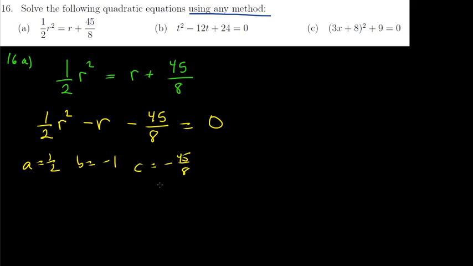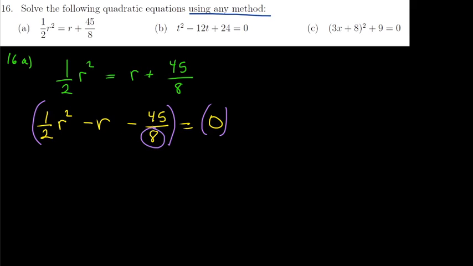So you can plug those into the quadratic formula, but it's a mess. You have fractions here. And I think in number 15, I don't think we saw any fractions. So here's what I would do. Before you plug them into the formula, we can just multiply by the least common denominator. What's the least common denominator? It's the 8, right? It's not the 2.